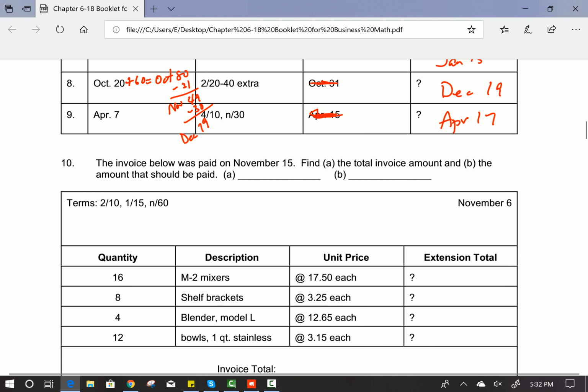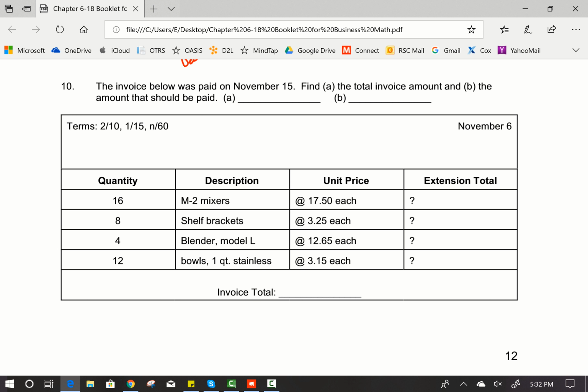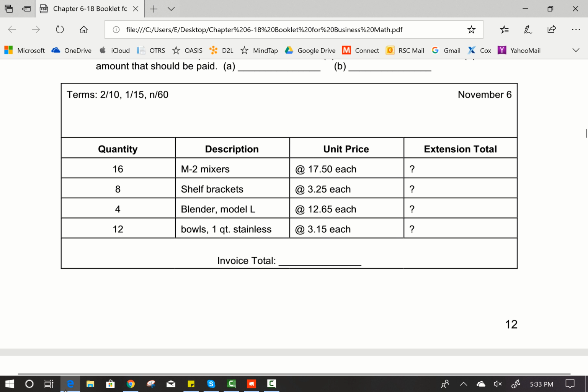Number 10. The invoice below was paid on November the 15th. Find the total invoice amount and the amount that should be paid. So we're going to calculate all of these units and get the extension for each one of these items. If we have 16 items times $17.50 each, that will equal $280.